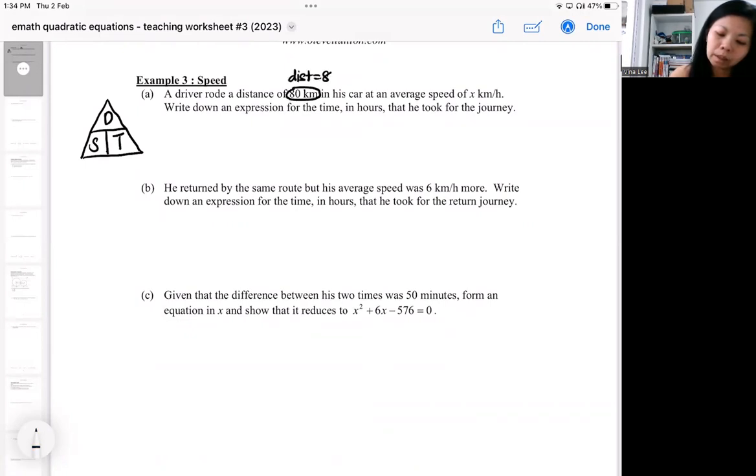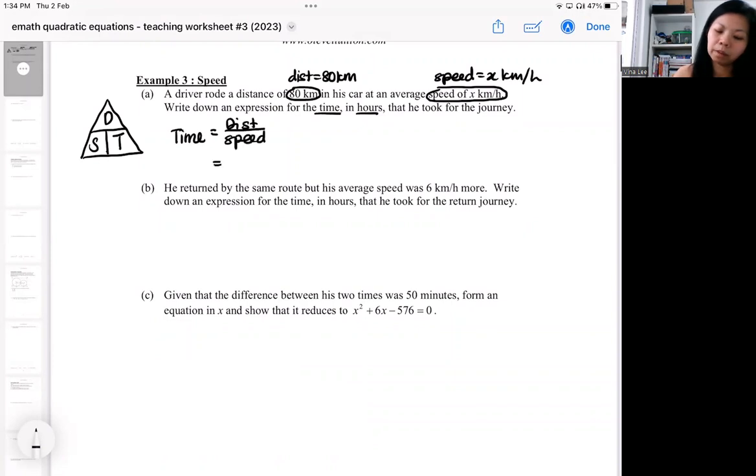So the distance is 80 kilometer. The speed is x. So we are interested in the time, which is in hours. So according to the formula, time will be distance over speed.